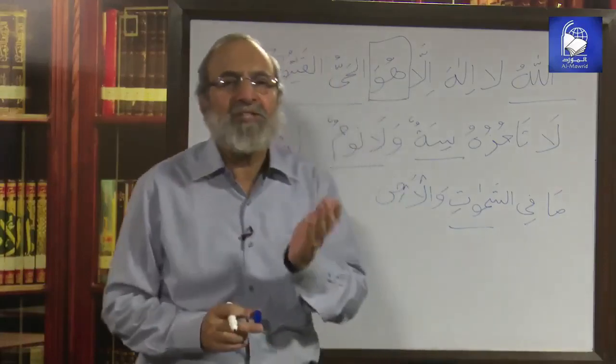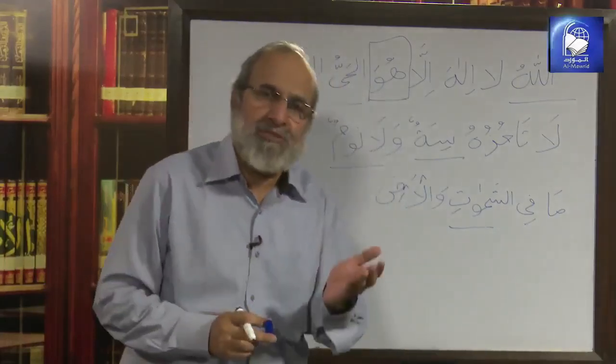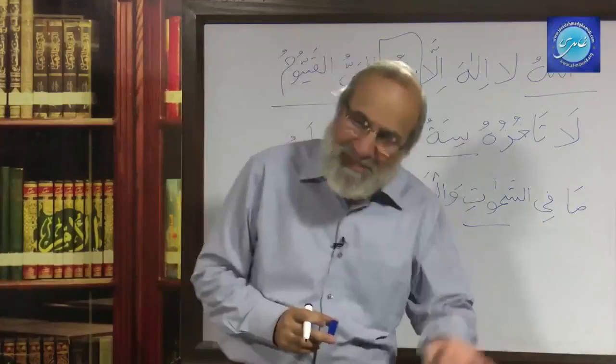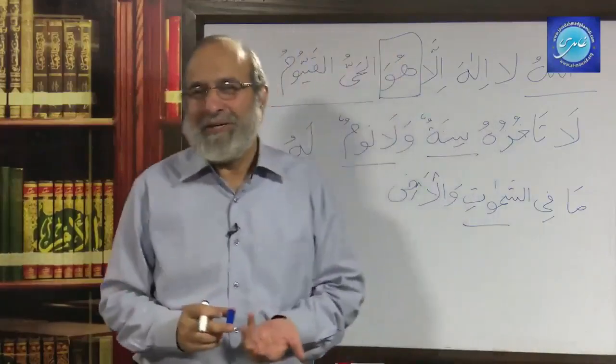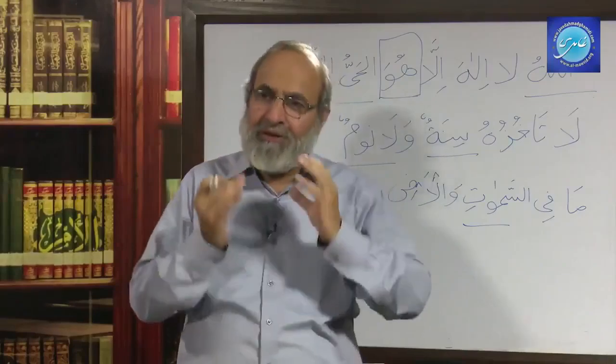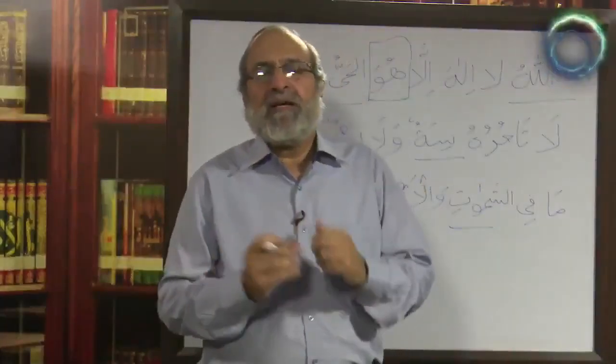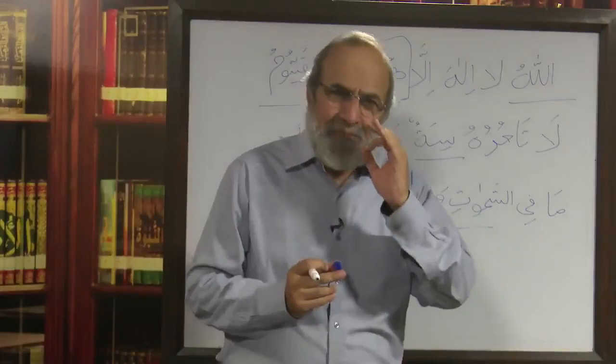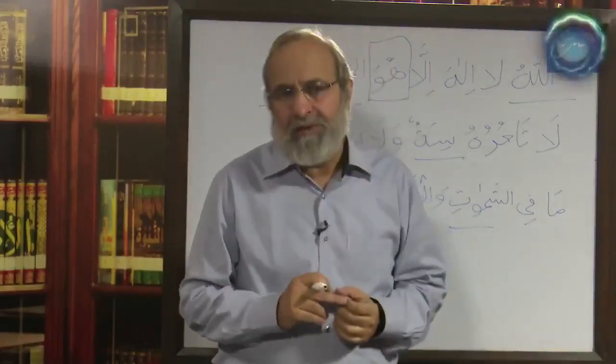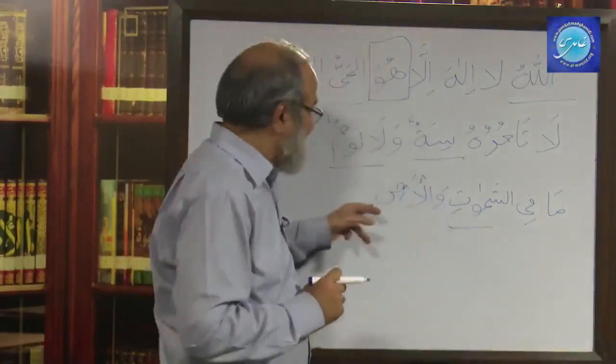So you would say ash-shams, not al-shams. But when a word beginning with a qamari harf is preceded by alif lam, then you bring out the sound of lam, like al-qamar or like al-ard.